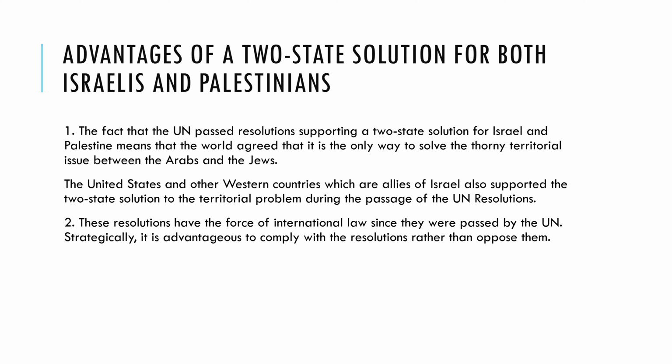One. The fact that the United Nations passed resolutions supporting a two-state solution for Israel and Palestine means that the world agrees that it is the only way to solve the thorny territorial issue between the Arabs and the Jews. The United States and other Western countries, which are allies of Israel, also supported the two-state solution to the territorial problem during the passage of the UN resolutions.